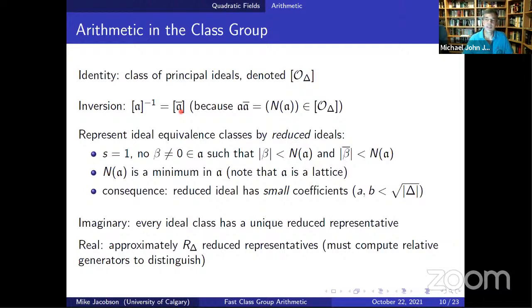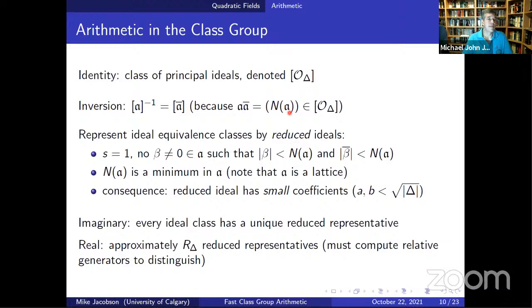That's fairly straightforward to see because we know that if you multiply an ideal by its conjugate, you get a principal ideal generated by the norm of the ideal. And so in particular, that means that if you multiply the class represented by A and the class represented by A conjugate, you get the principal class. And so those are indeed inverses of each other in the class group. So that's pretty easy to do as well.